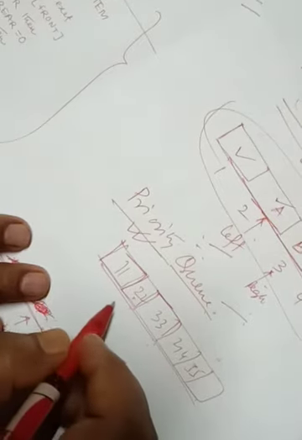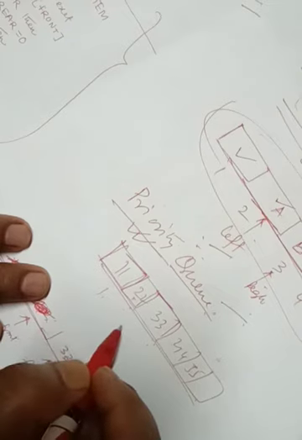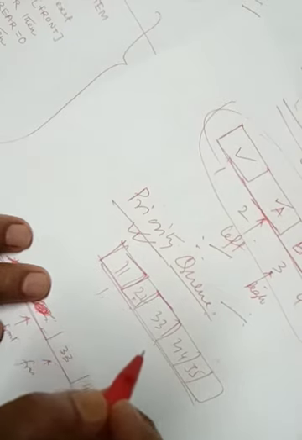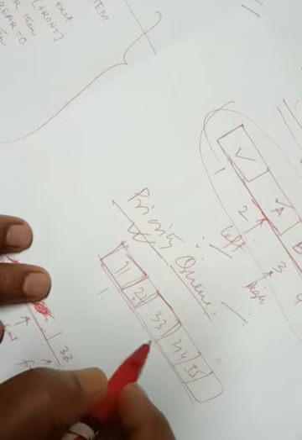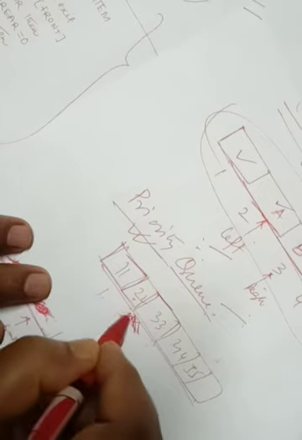Number one, an element of higher priority is processed before any element of lower priority.